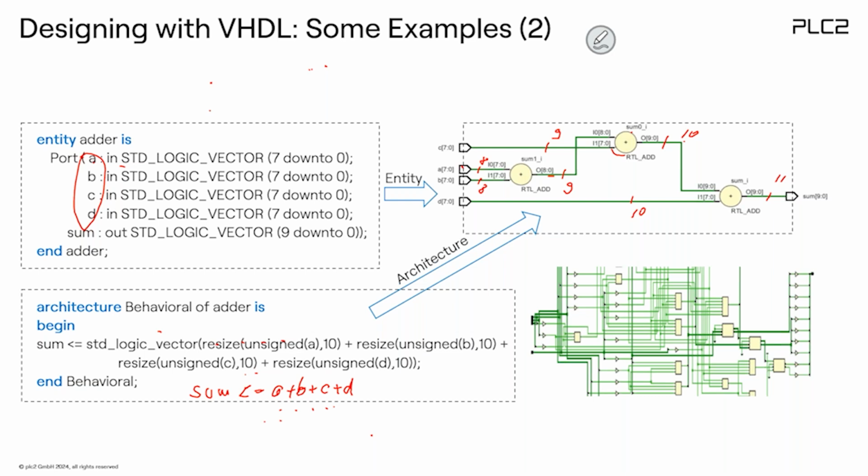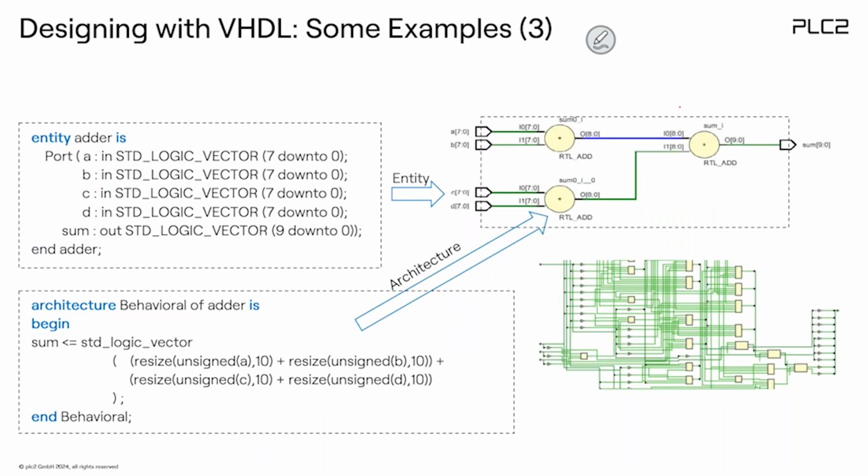It's A plus B plus C plus D. Then it will end up with this structure, like a chain. Maybe you don't like to have the chain. Maybe you would like to have a tree. Maybe A plus B in parallel C plus D, and then do the sum.